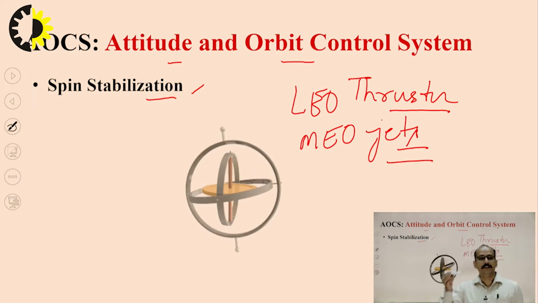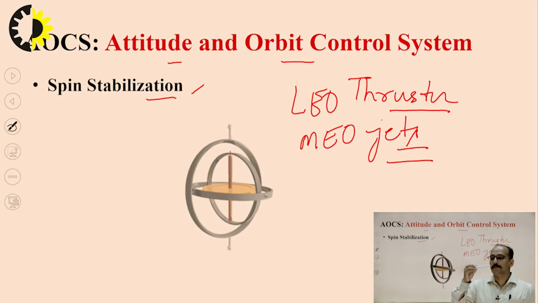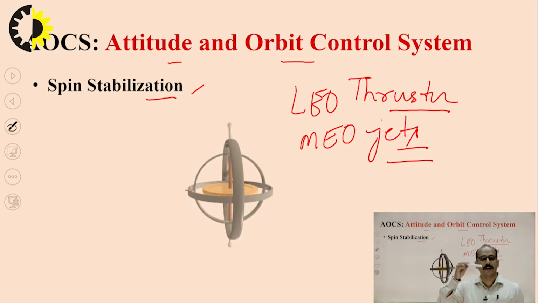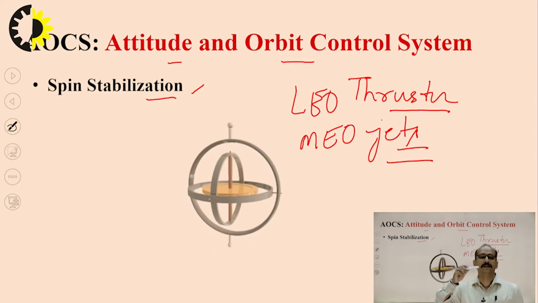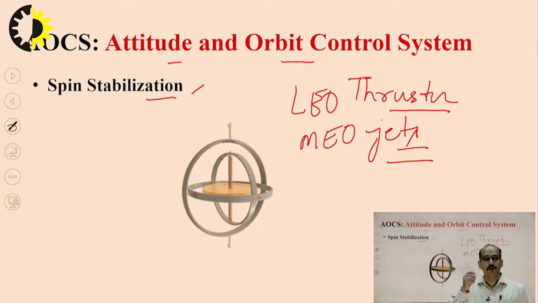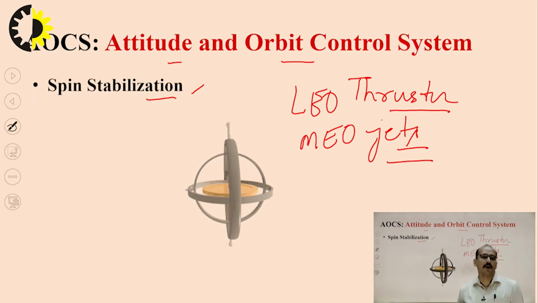Means if this is your rotating satellite, a cylindrical drum rotating in this direction, this spin will provide the specific velocity to the satellite, so that it can maintain its attitude and orbit.